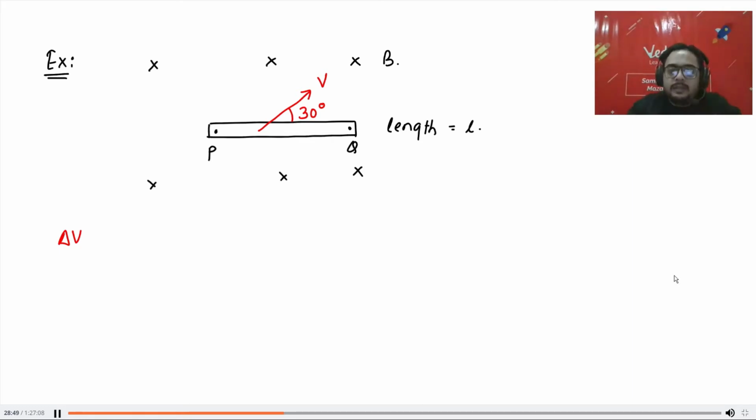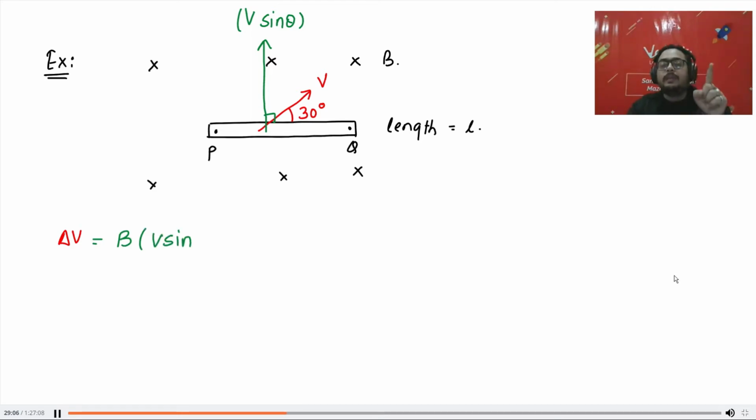So if I take this component of velocity, my work will be done. If I take this component of velocity, which will be V sin theta, now it is valid. So I will simply write B, and which component is perpendicular? V sin theta, into L. That is simply my answer.